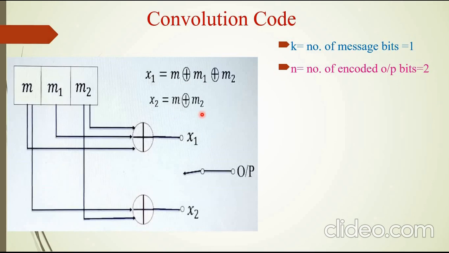So x1 and x2 are both encoded output bits, the modulo-2 sum of these bits. Ultimately the encoded output bits are 2, so n equals 2. N defines the number of encoded output bits, which is 2 here.